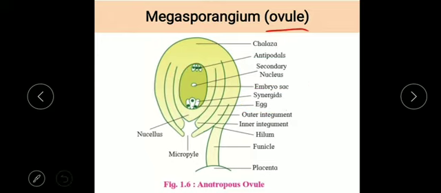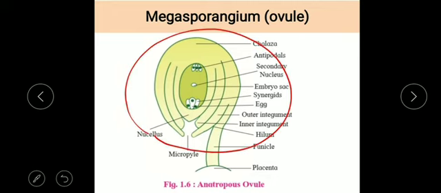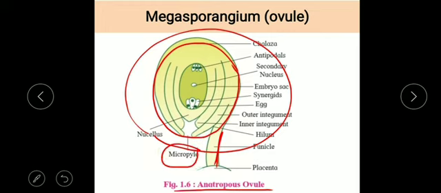One more thing: this is the structure of an anatropous ovule. Anatropous ovule means the funicle and the entire ovule body have been bent in such a way that the micropyle and funicle are very close, very adjacent to each other. But it's not important that in all plants the ovule is like this only.